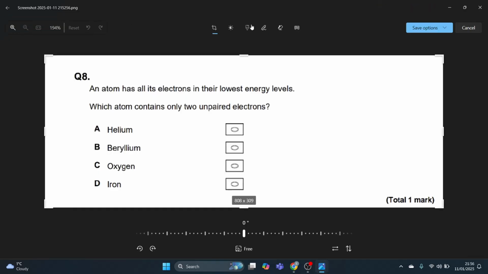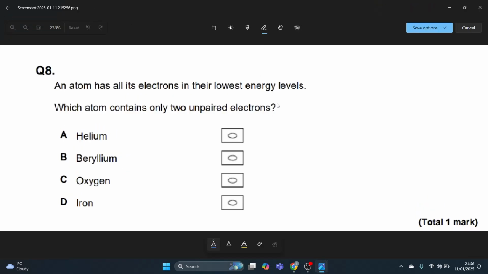Question 8. An atom has all its electrons in the lowest energy levels. Which atom contains only 2 unpaired electrons? Helium, 1s2. Beryllium, which I can't find, should be here somewhere.